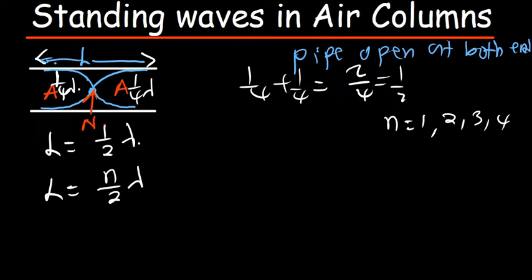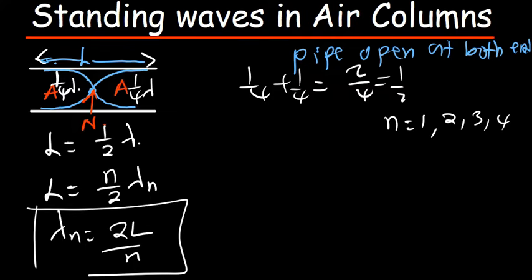When n is equal to 1, we're talking about the first fundamental frequency. So I can make lambda the subject of the formula. So in this case, we'll still have 2L divided by n. So this formula will be the same as the one for the normal standing wave. But the only thing is the antinode is going to be different now. It's the opposite of the node. What do I mean? If I've got 2 antinodes, I expect to have 1 node. If I've got 3 antinodes, I expect to have 2 nodes.